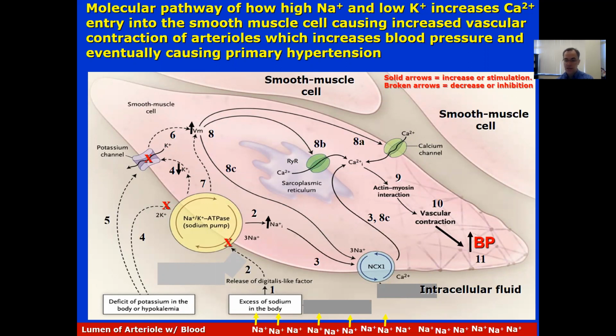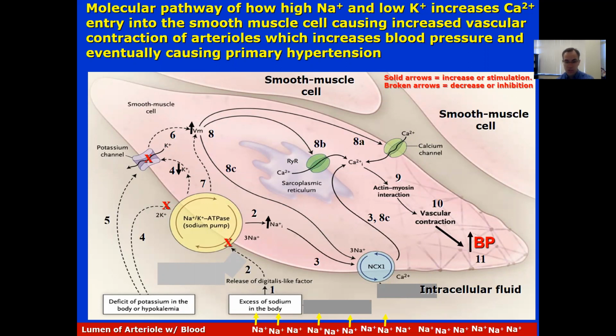And the idea is, how does all that sodium that's been reabsorbed in the kidneys, what effect does it have on the arterioles of the body to cause vascular contraction, which is going to lead to an increase in blood pressure.